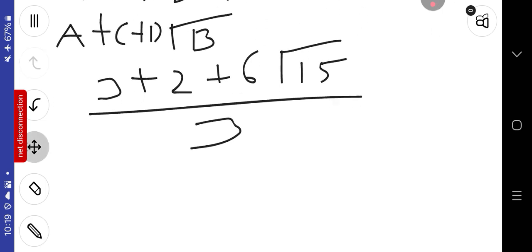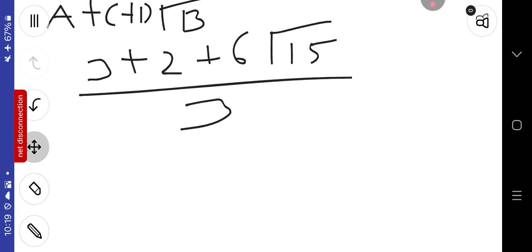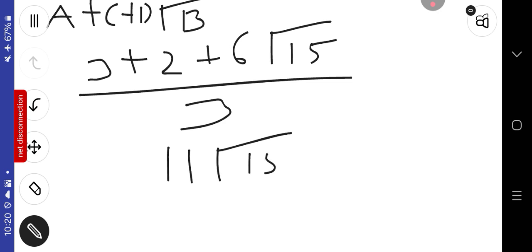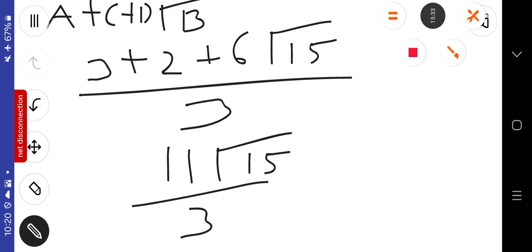So this will give us 6 plus 2 plus 3 gives us 11. So you're going to have 11 root 15 over 3. So this will be our final answer.